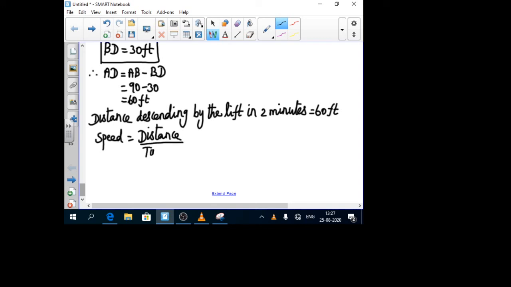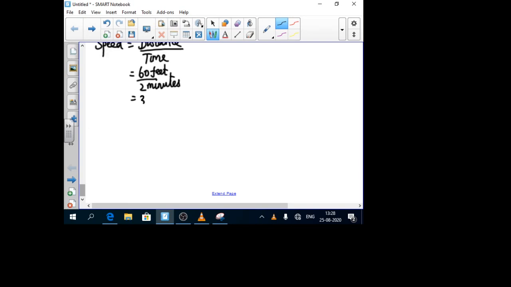The distance is 60 feet, and time taken is 2 minutes. That is equal to 30 feet per minute.